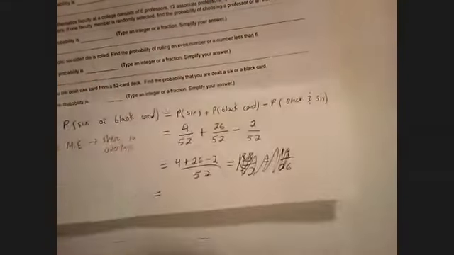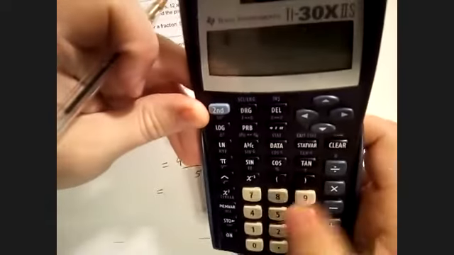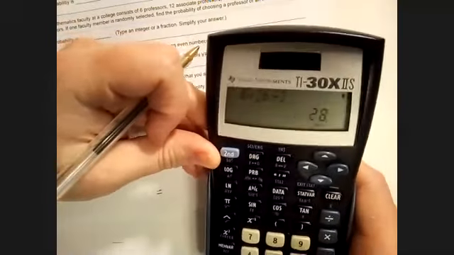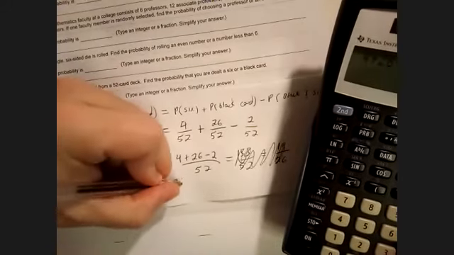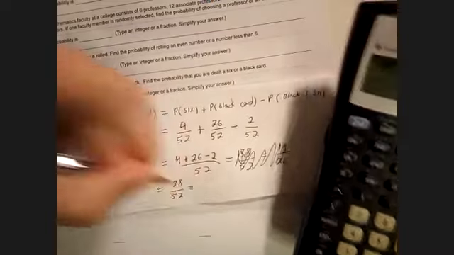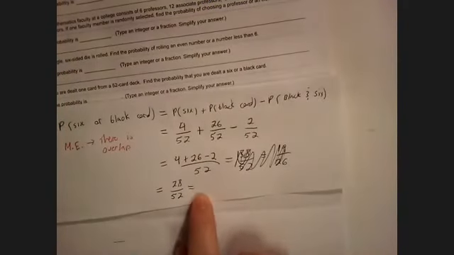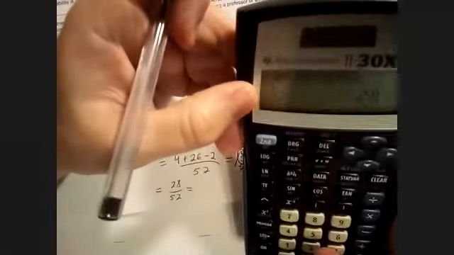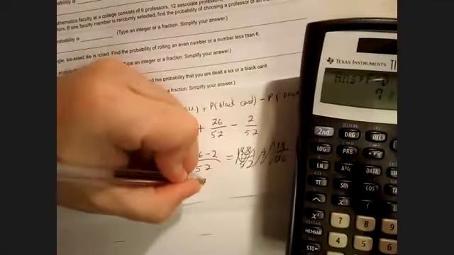So let's fix that here. 4 plus 26 minus 2 is 28, not 38. Okay, those are both divisible by 4. So I could just type it in, but I could do this by hand. So 7/13.